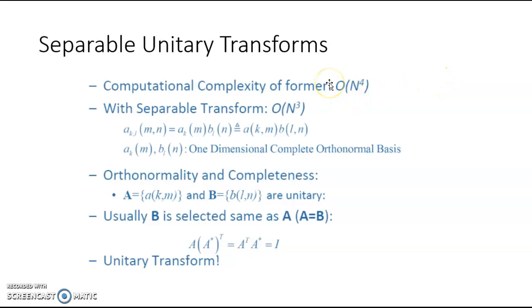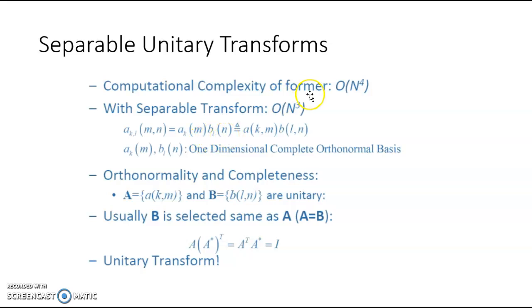Then, one common and main property of this unitary transform is the separable property. If I have A_KL,MN, we know A_KL,MN is a basis function, and this I can split as A_KM into B_LN.